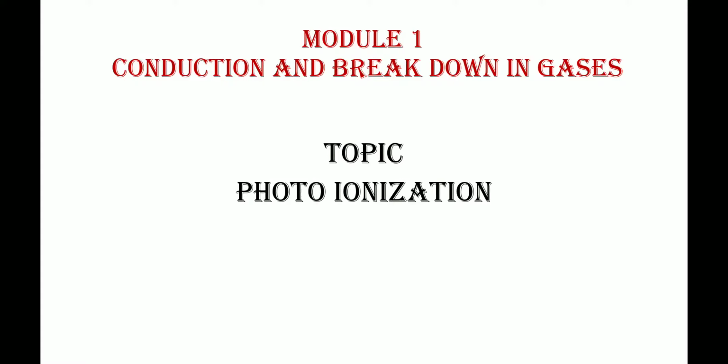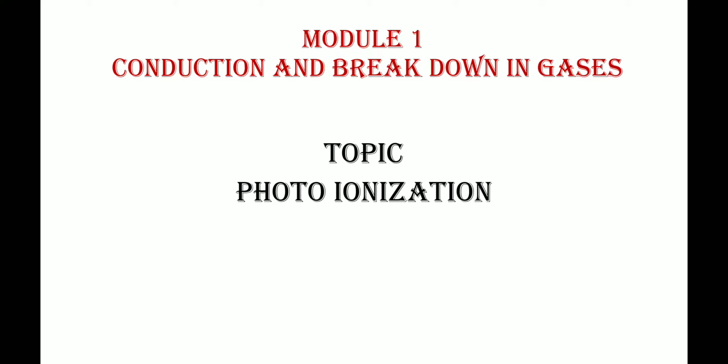Okay, in the previous session we have already started with the ionization processes, right? There are four types of ionization processes. Which are those? The first one is ionization by collision, the second one is photoionization, the third one is secondary ionization processes, and the fourth one is the electron attachment process.